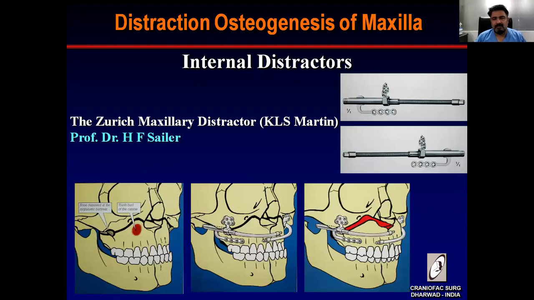Now internal or intraoral distractors are the hidden distractors. These are the various distractors. They can be planted intraorally, just like bone plating; you do the fixation, and then with the help of a small key you take the appliance apart.